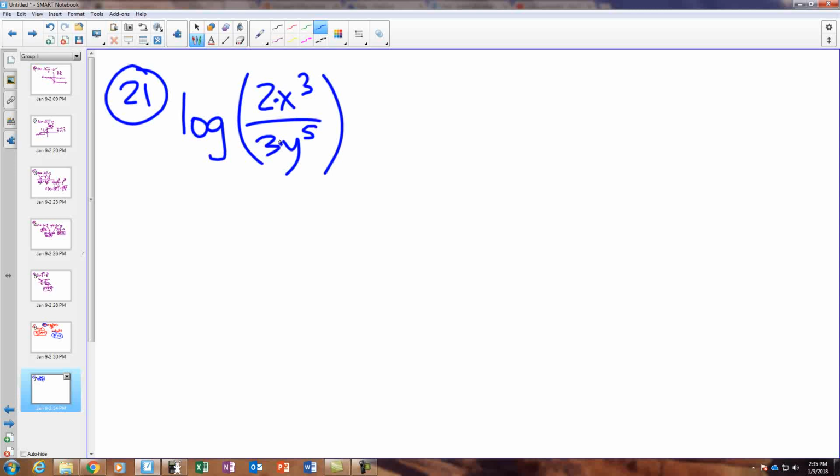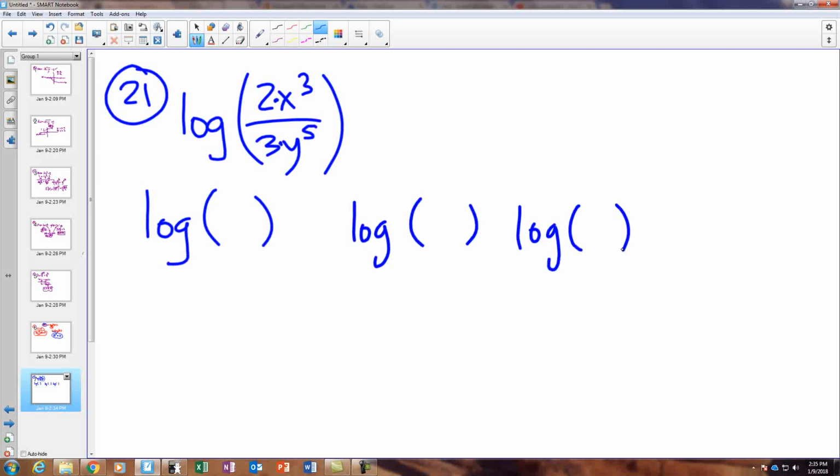The 2, the x, the 3, and the y. So I'm going to write logarithm 4 times with parentheses. And in each of these, I'm going to put one of them. 2, x cubed, 3, y to the fifth.